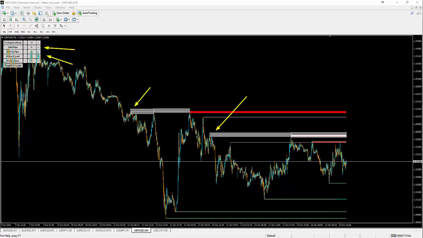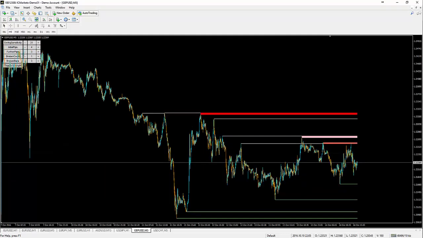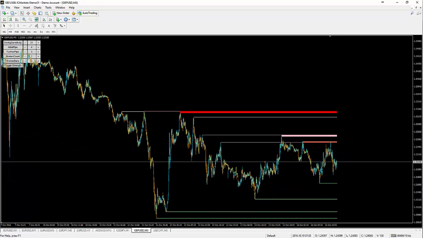Further pips, I'm sure you can't see it, but the word here is actually further pips. Further pips basically means that after the first swing high meets the second swing high, from the second swing high onwards, how many pips will it scan for above and below?